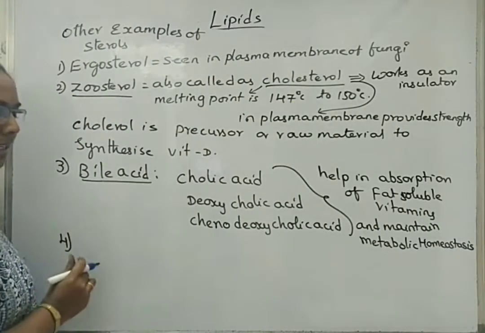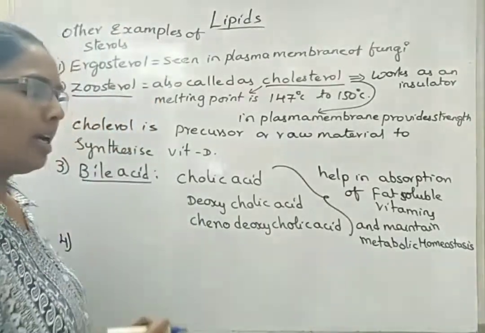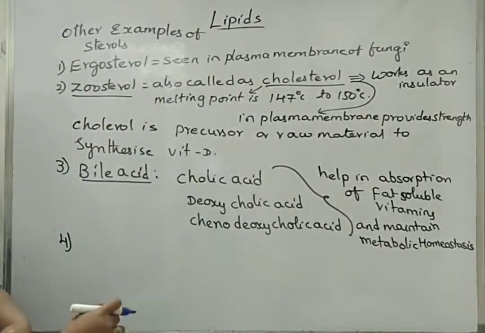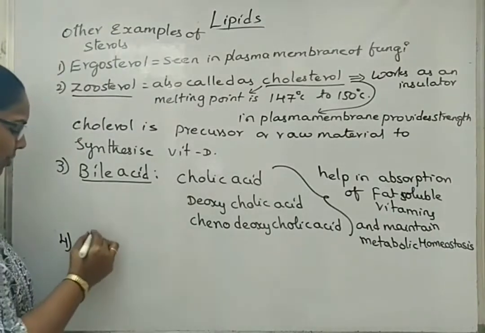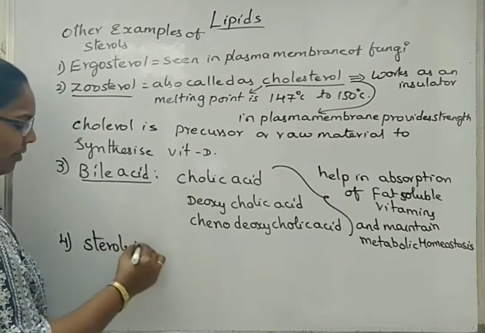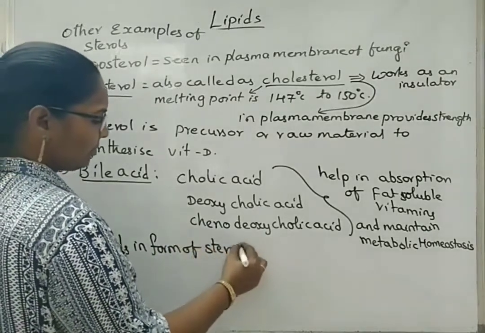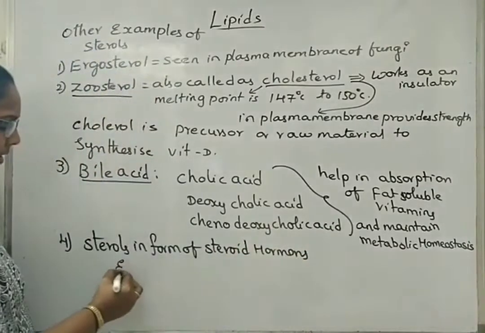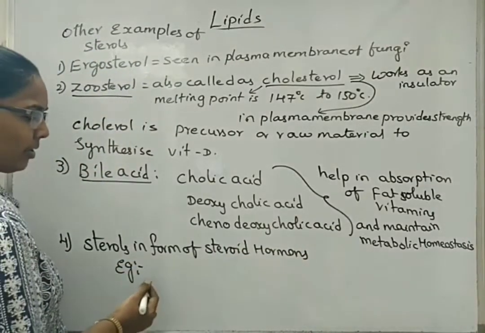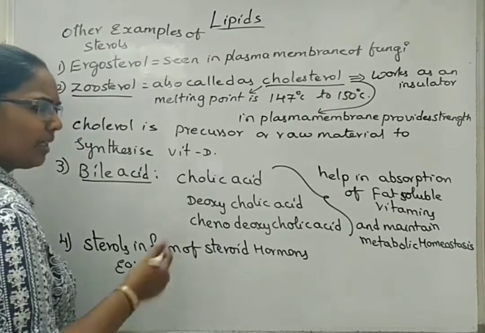Next, another example: some of these sterol-type substances are also produced in the form of hormones, which we call steroid hormones. So sterols in the form of steroid hormones. In the human body, we have many examples under steroid hormones, such as estrogen, progesterone, etc. Here we will take just two examples.